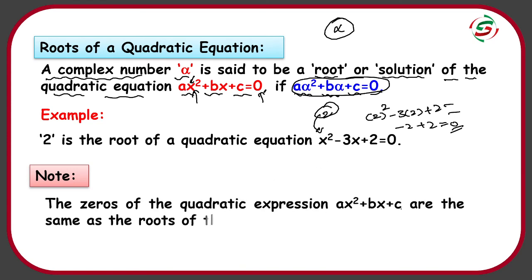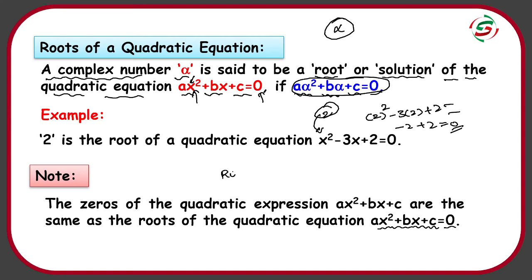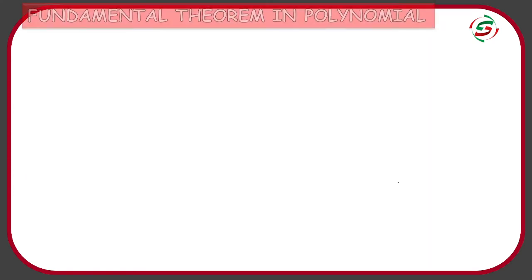The zeros of the quadratic equation ax square plus bx plus c are the same as the roots of the quadratic equation ax square plus bx plus c equal to 0. That means roots are also called zeros.